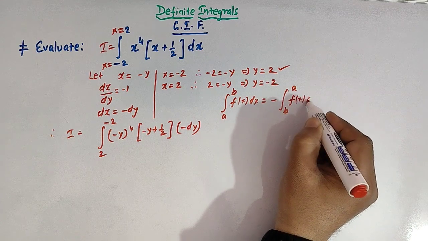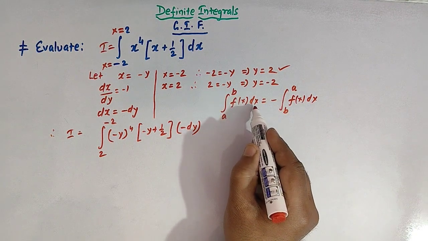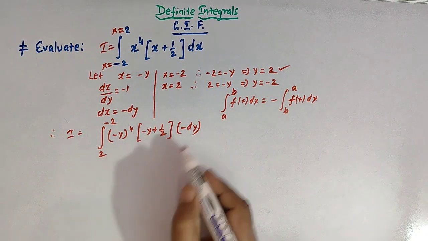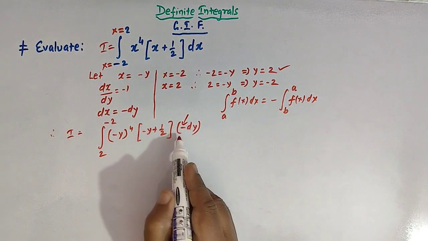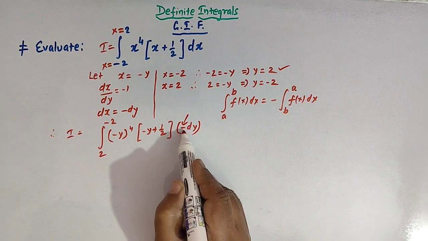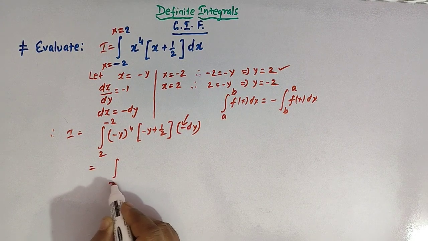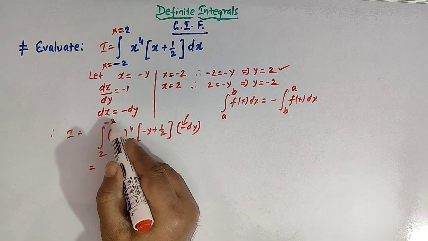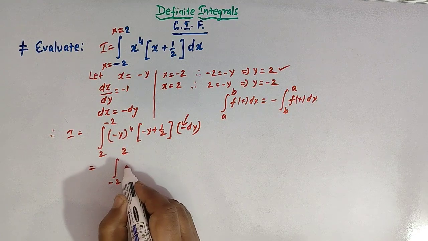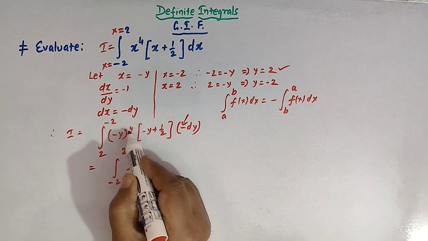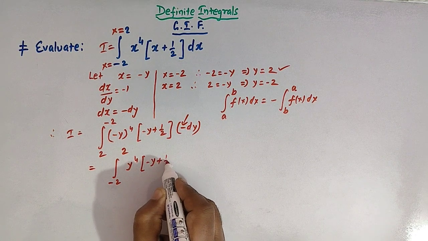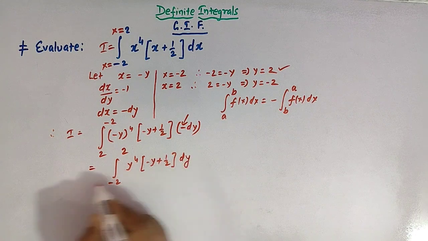So here we have this negative sign, and we'll interchange the limits to neutralize it. We'll have minus 2 to 2, and minus y raised to 4 is simply y raised to 4, because 4 is an even number, and here we have minus y plus half, and dy.